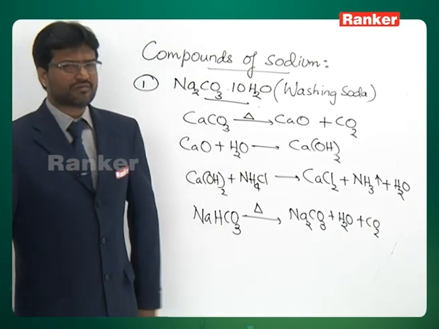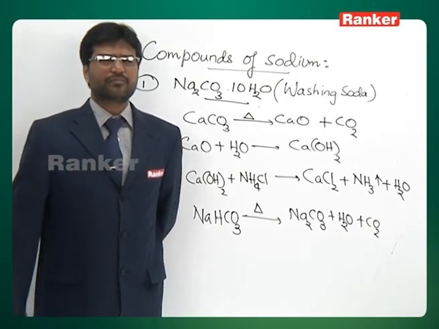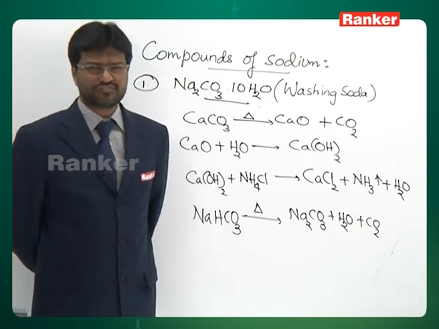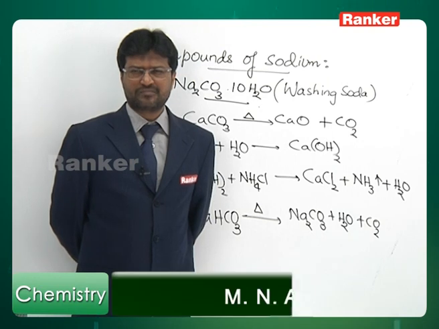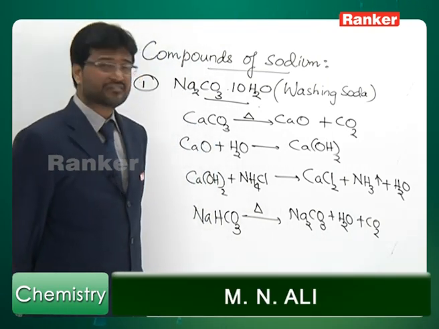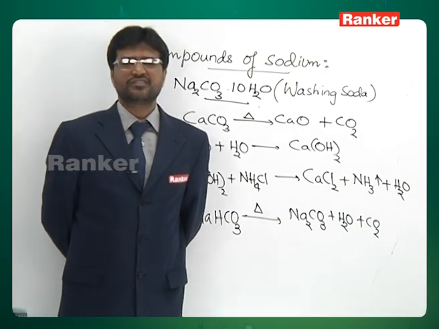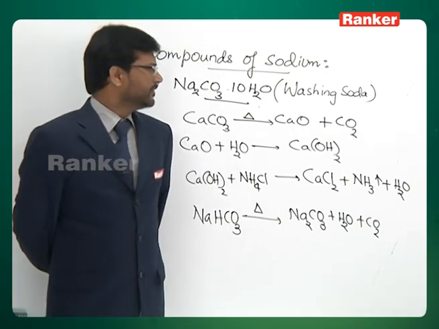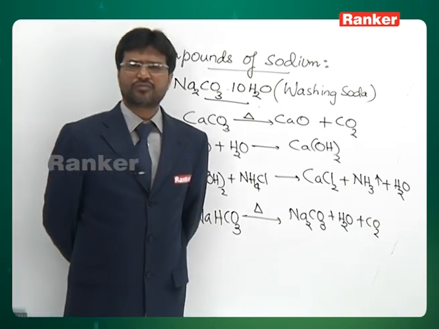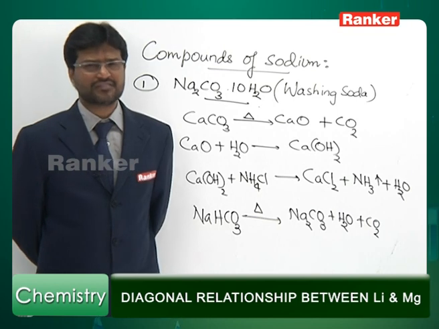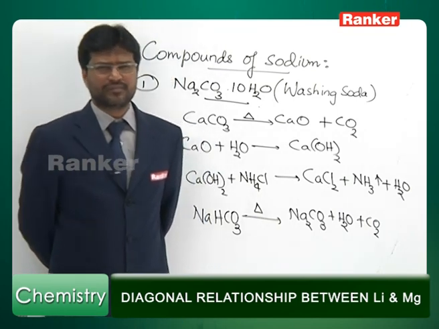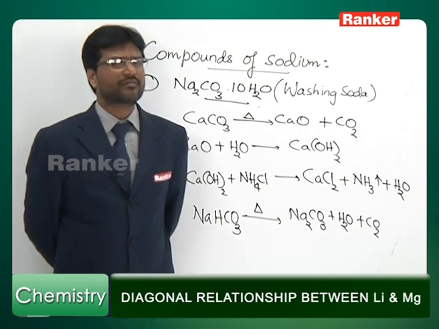Now I'll just talk about a few uses of sodium carbonate. One important use of sodium carbonate, as the name itself indicates, it is called washing soda. One important use is in laundries. In laundries, sodium carbonate is used especially for softening of hard water. Another important use is in qualitative and quantitative analysis, and it can also be used in the preparation of sodium bicarbonate.